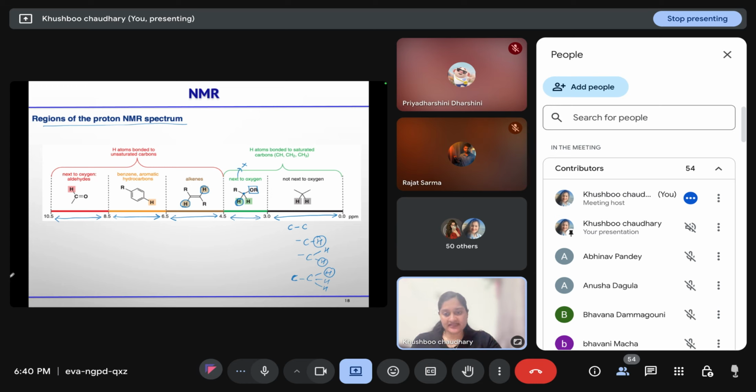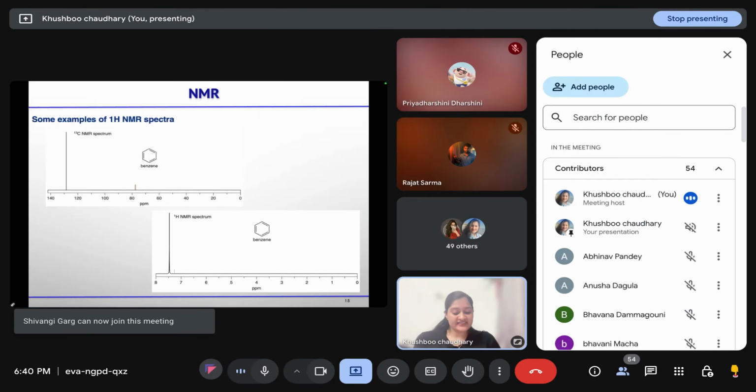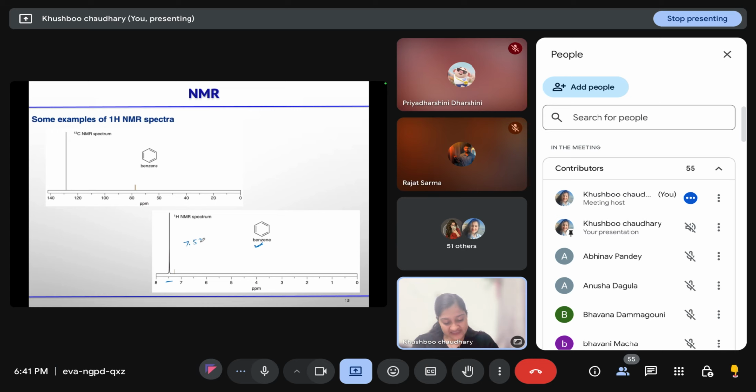Now, based on this, let us discuss some examples. First, let us take the example of benzene. In benzene, all the protons are equivalent, so the proton signal will come around 7.57.